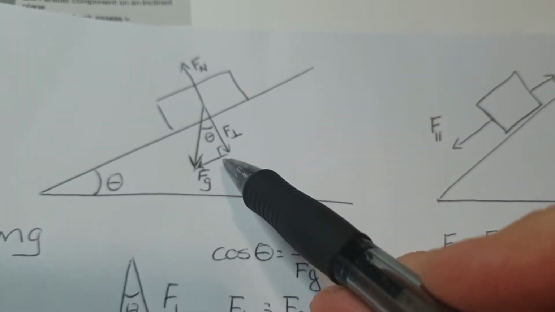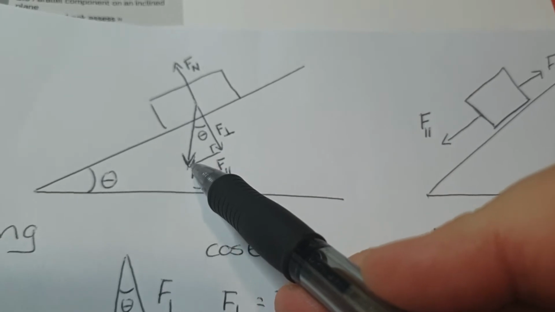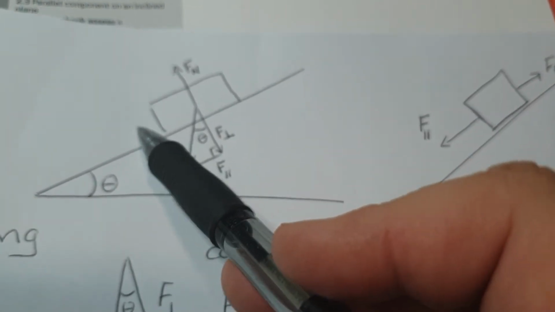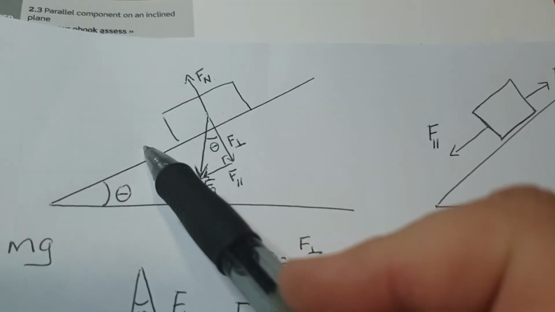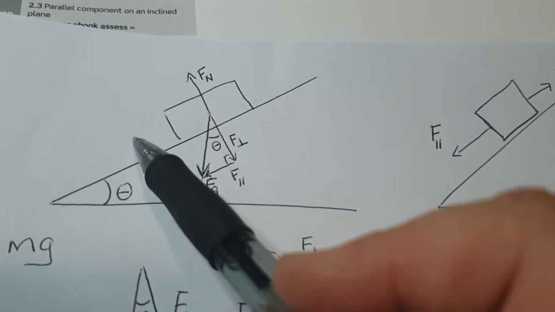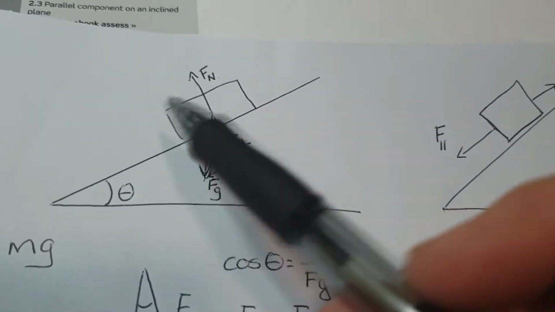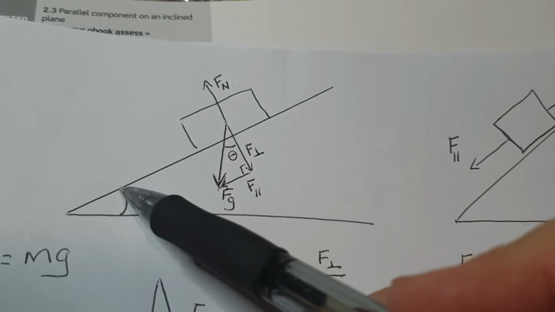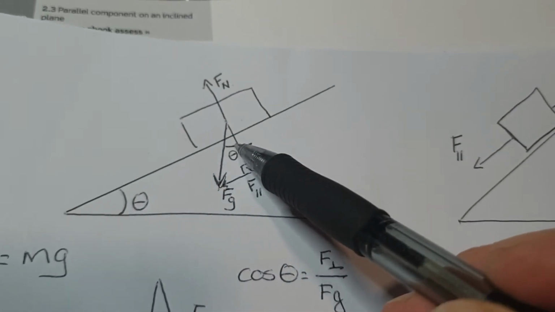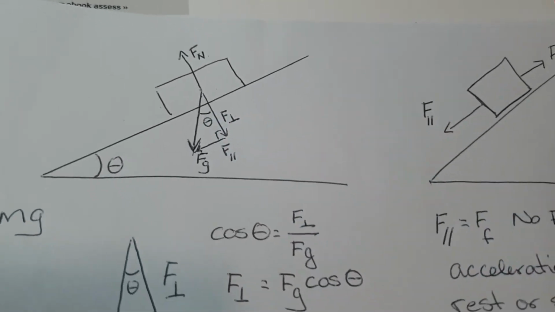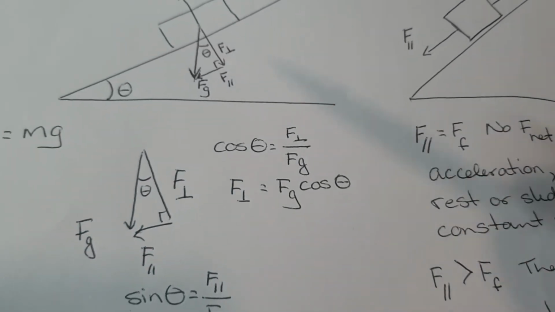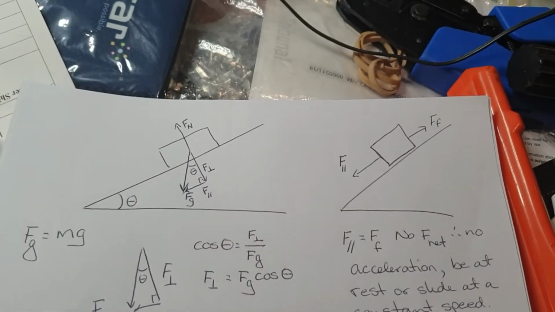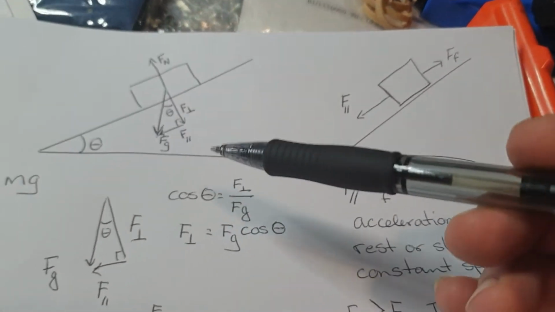And the other force that's useful to us is the force that's acting down the plane. This is the force that friction will act against, and this is the force that might end up accelerating the object down the plane. Through the wonders of geometry, this angle here in the plane is that angle up there in the diagram. So we can work out our components.